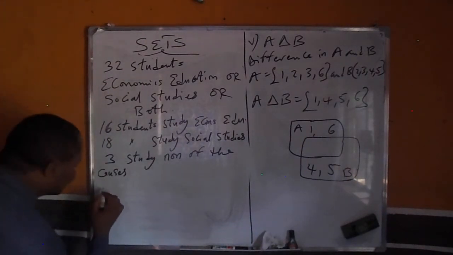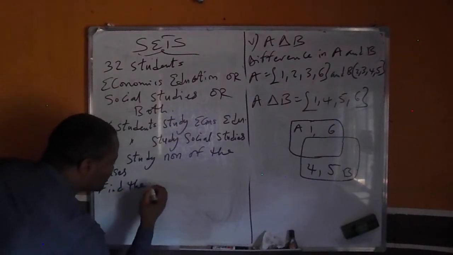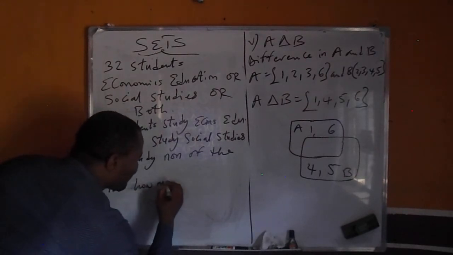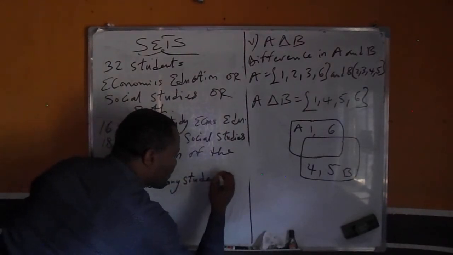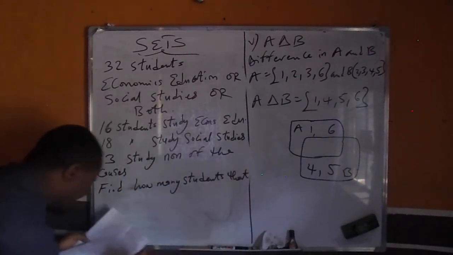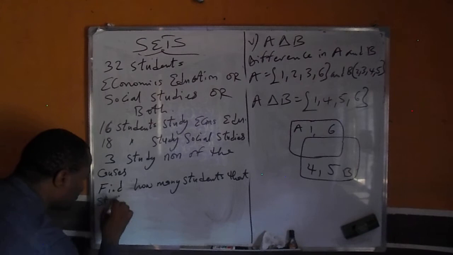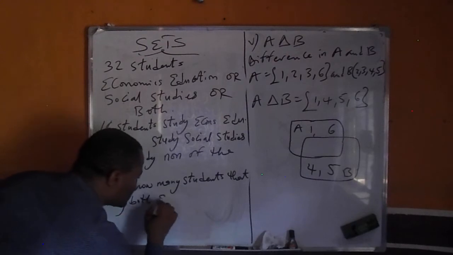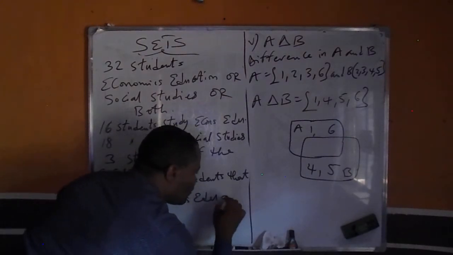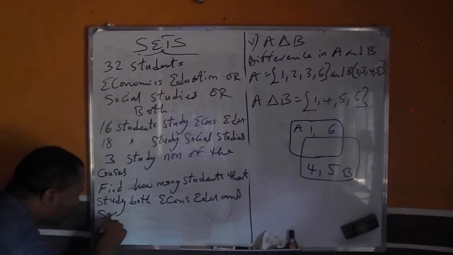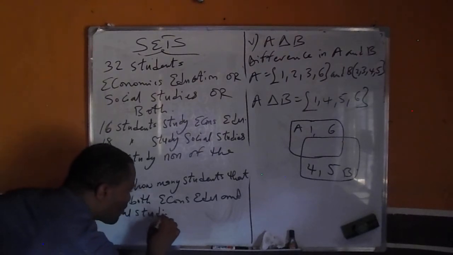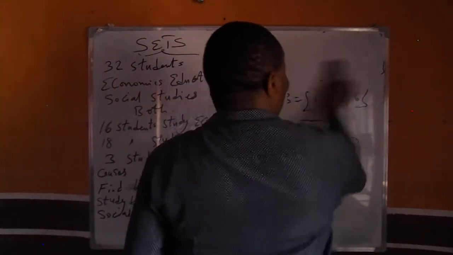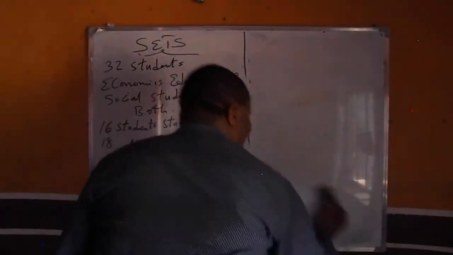The question now says, find how many students study both economics education and social study. If we are to work this, how do we solve this?